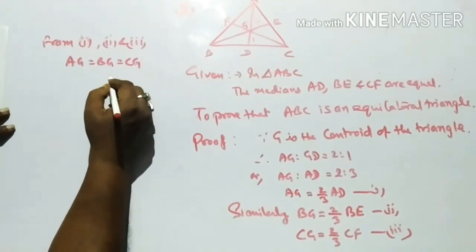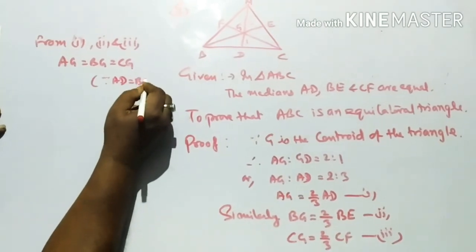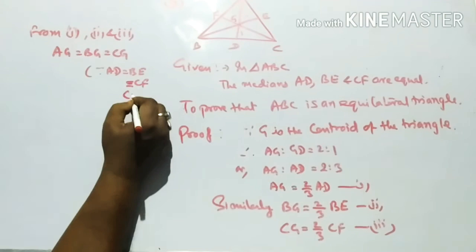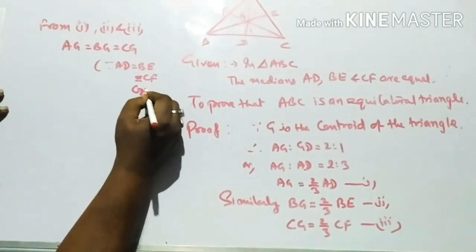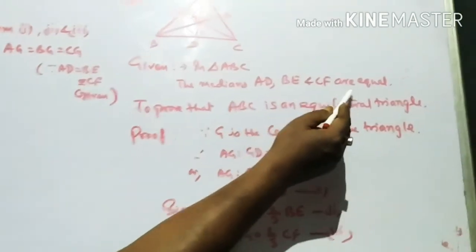Why? Since AD is equal to BE is equal to CF. Since the medians are equal, this is given to you.